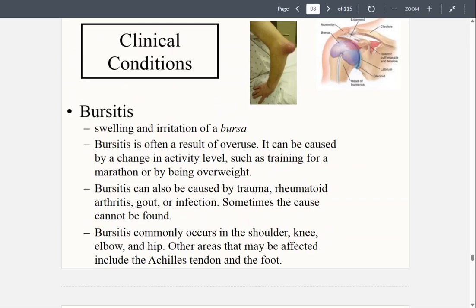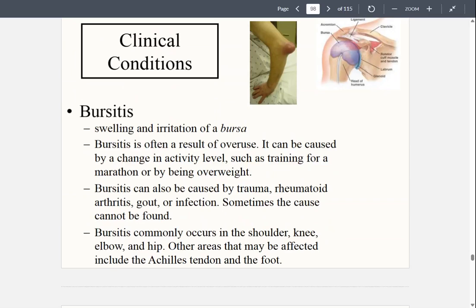Bursitis. What is bursitis? Bursitis is a swelling and inflammation of a bursa sac. This is usually due to overuse. You have done one particular activity too much, or you have done one activity too rapidly. What do I mean by that?